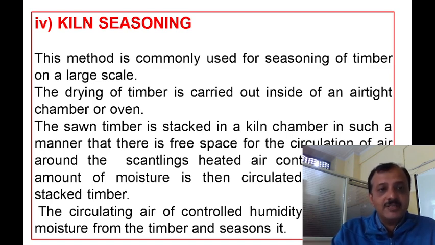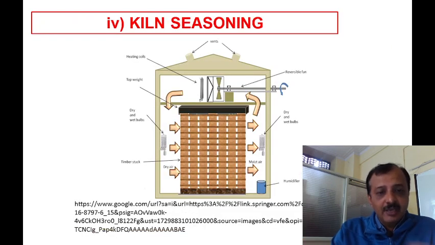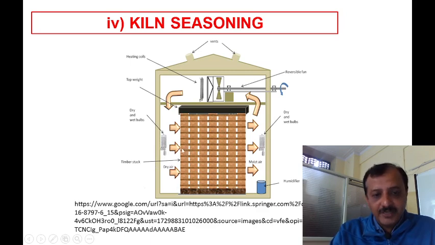We call this kiln seasoning of timber. This is the kiln, as I have already mentioned. This is an airtight chamber, and here you have vents, and the hot air is made to pass through these vents, and the circulation of air takes place. Because of this circulation of air, the timber gets dried.